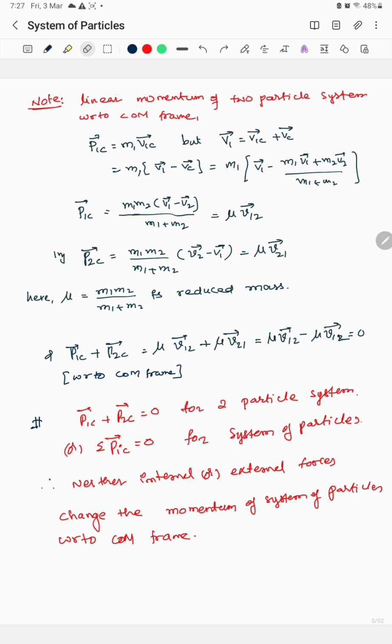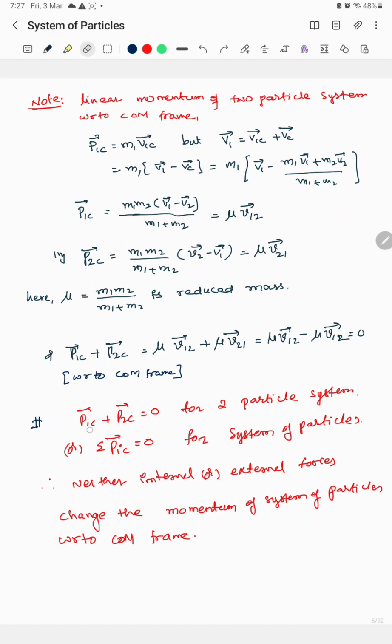And one more thing, what is the total linear momentum of the two-particle system? Mu into v12 here plus this, but we know v12 is the opposite vector to v21, then we get 0.